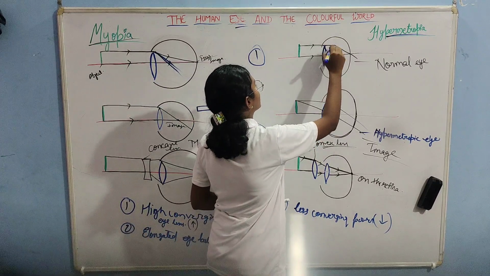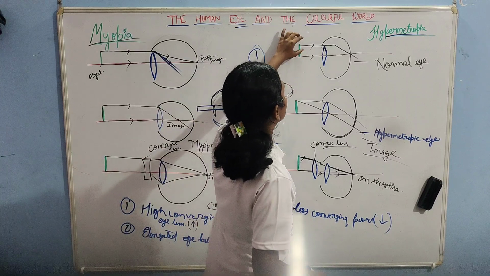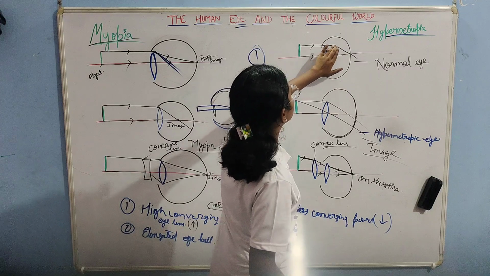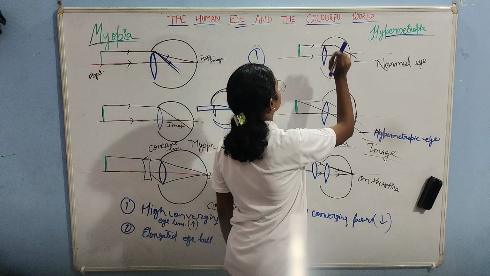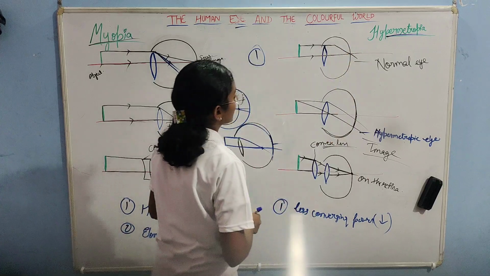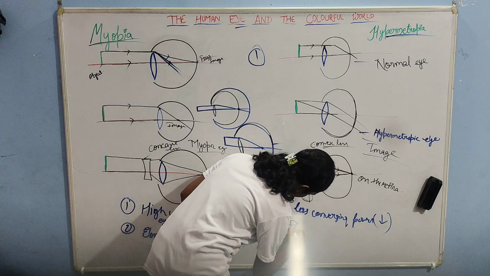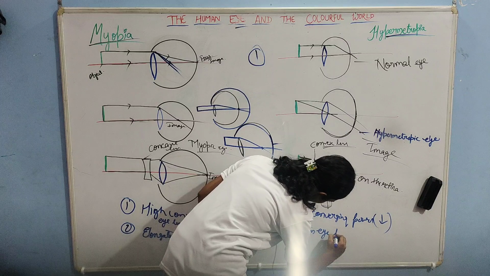If our eye lens becomes less converging, then the light coming through the lens will be converged less. That means the image will form beyond the retina. And the second reason for this is a shortened eyeball.